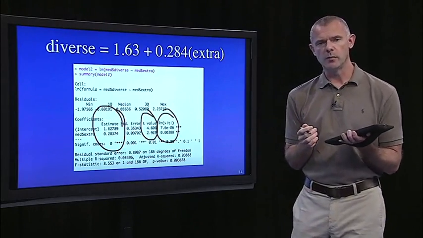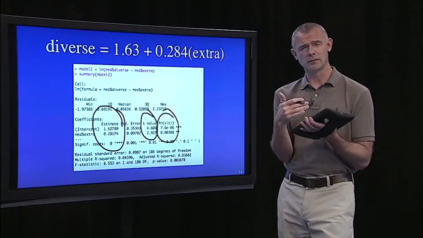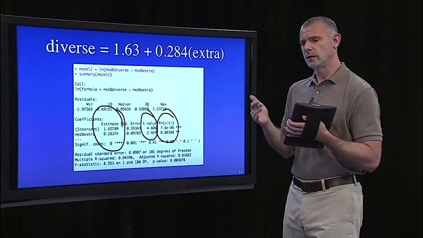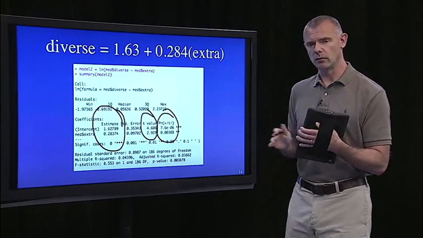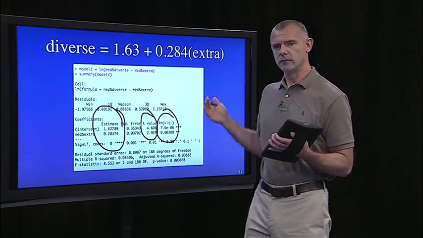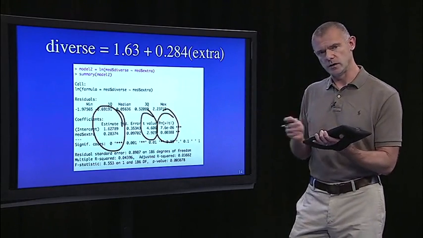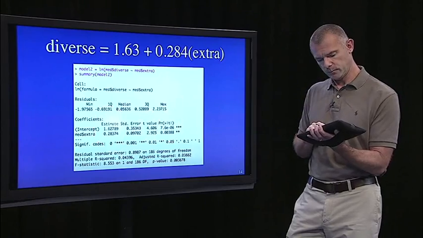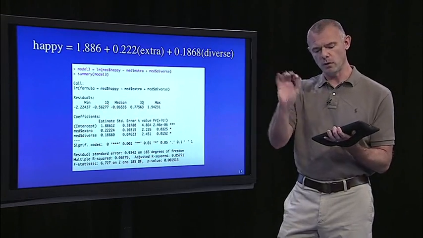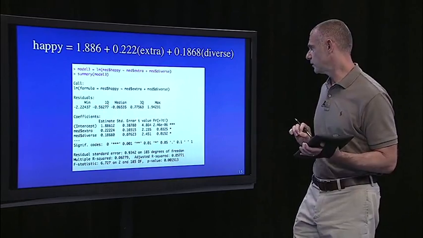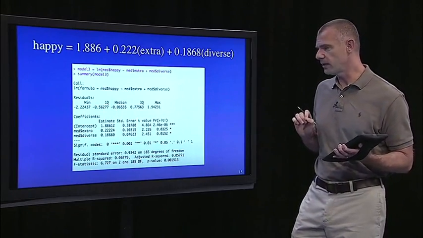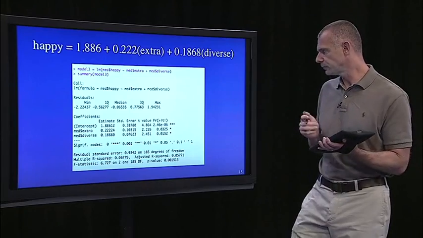So the question that we posed in lecture 10 was, does diversity of life experience partially or fully or not at all mediate the relationship between extroversion and happiness? To test that, we put both extroversion and diversity in the regression equation together with happiness as the outcome.